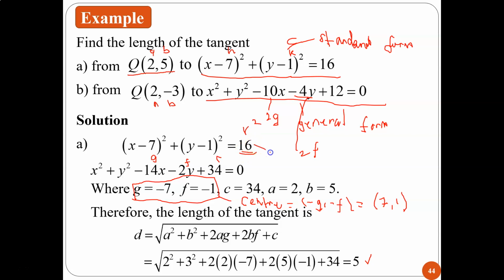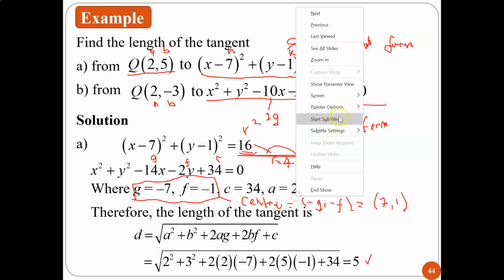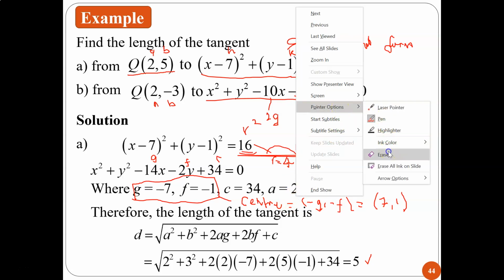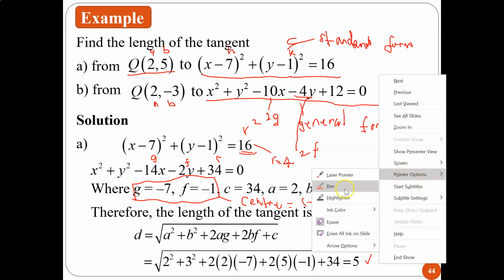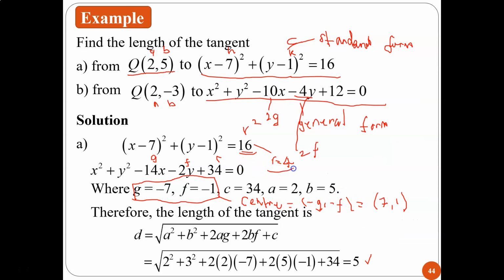So I know my r equal to 4. That is how I obtain my center and my r.